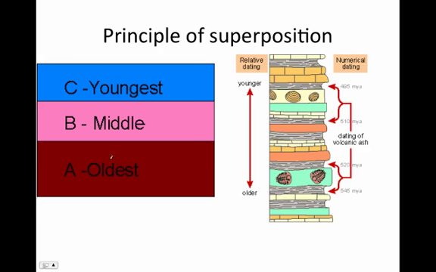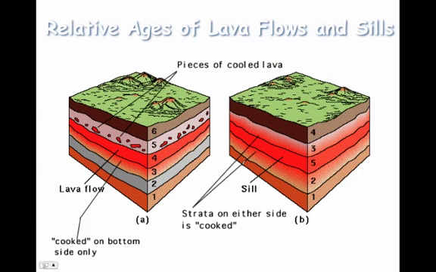Rock layer A is the oldest, the middle rock layer B is second, and the youngest rock layer would be layer C. Same idea if we found fossils in there. So these fossils, trilobites, would be older than these clam fossils. So this would be sort of a method of giving a relative date to the age of things.